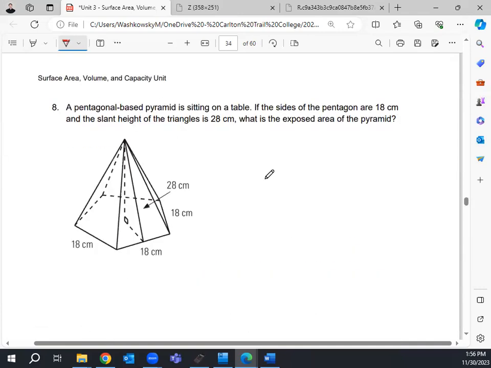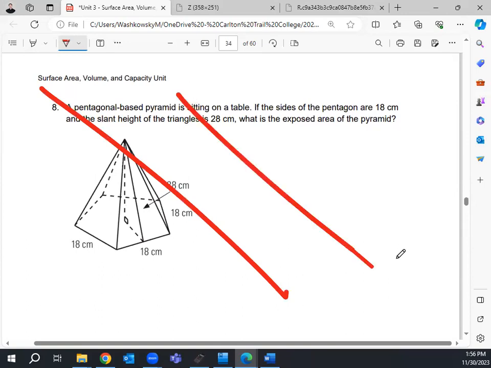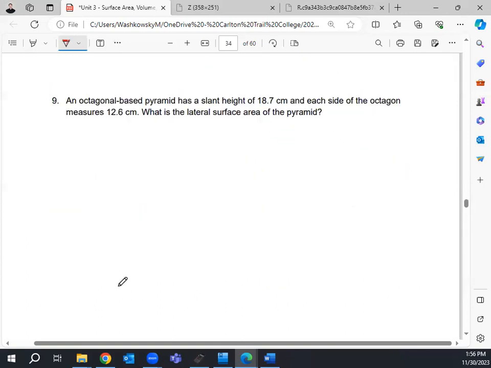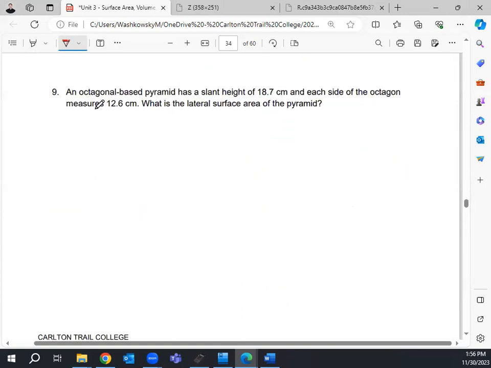Question 8. Just skip it. Same thing with question 9. We don't need to know about more than square pyramids. And then I think the rest of it, we were good on, if I recall.